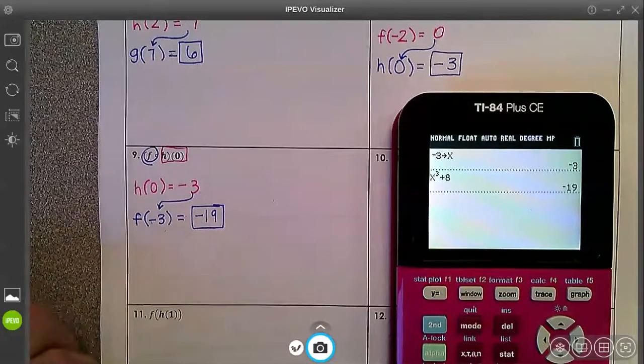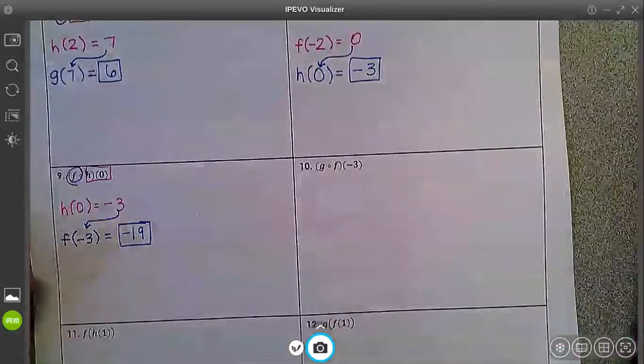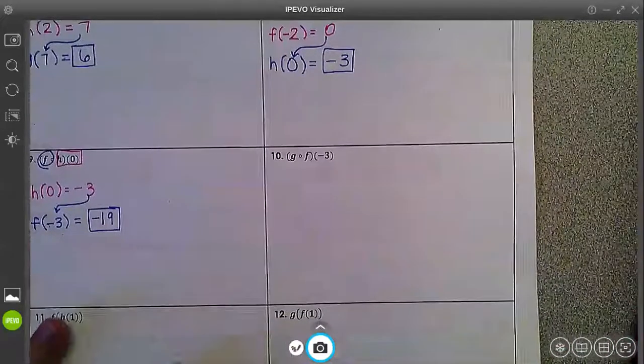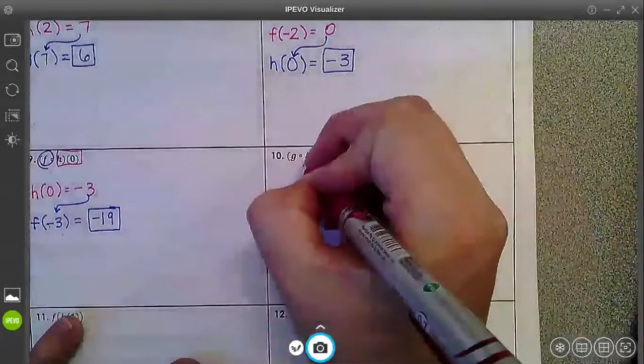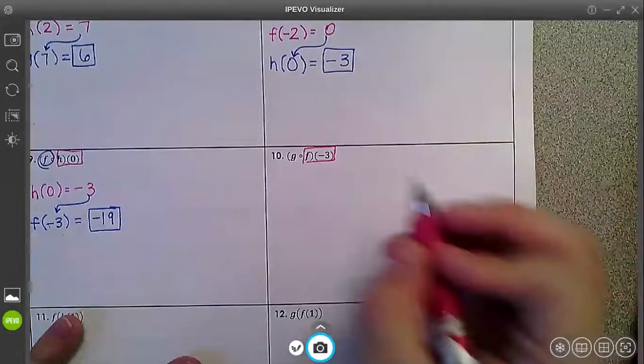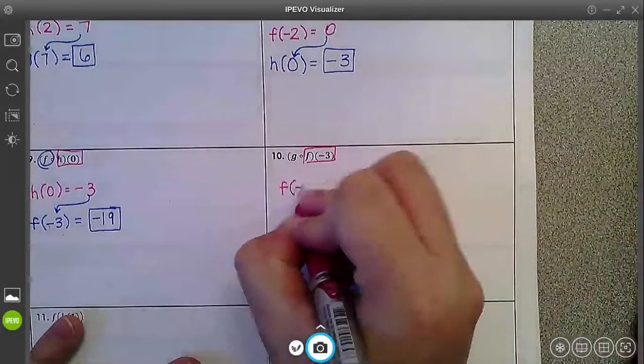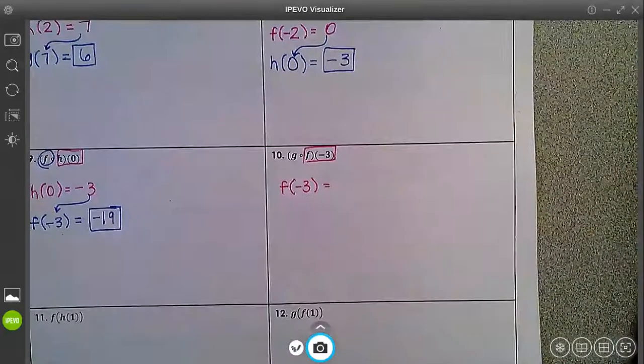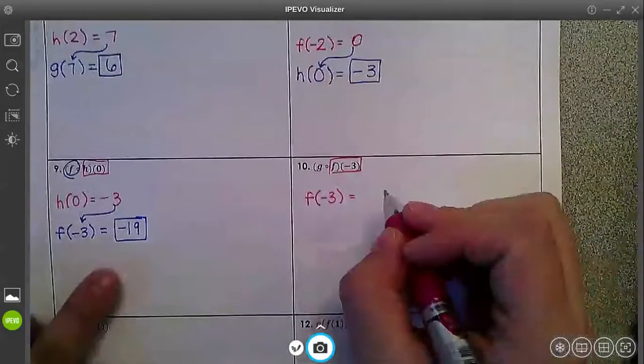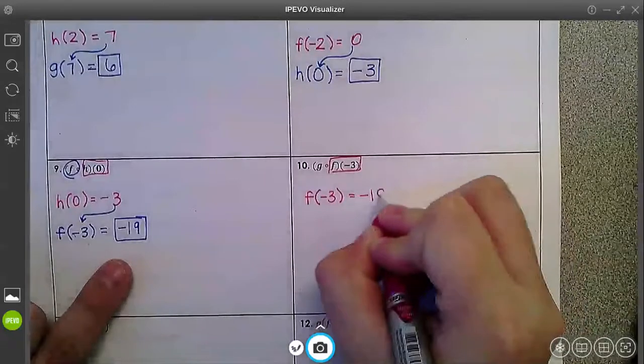Any questions? Right. Number 10, we're starting with f of negative 3, which we just found. Once again, that was negative 19.